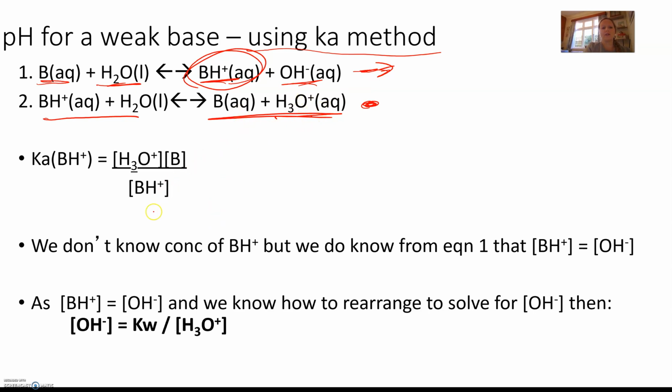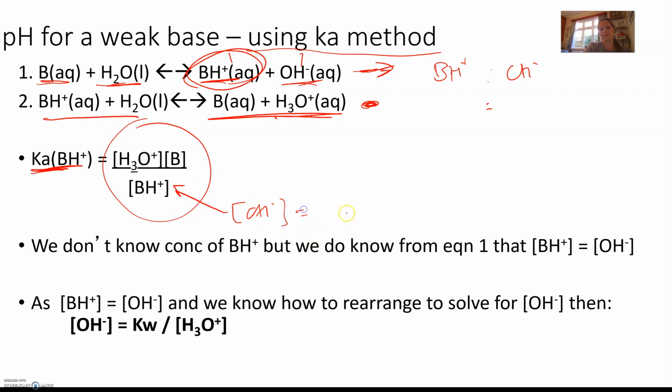When you do products divided by reactants, you'll see I've put Ka of the BH plus, you end up with this expression. What you can see from this first reaction is the same as from our weak acid: the BH plus concentration and OH minus concentration are the same, because they're produced in a 1-to-1 ratio. So if these have the same concentration, instead of having this BH plus here, we could have OH minus here.